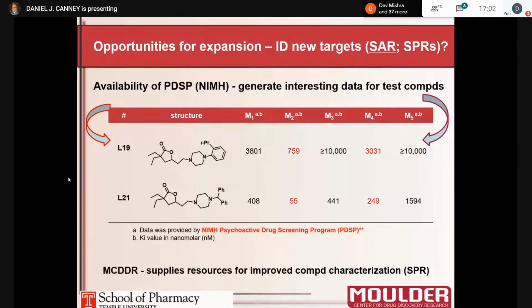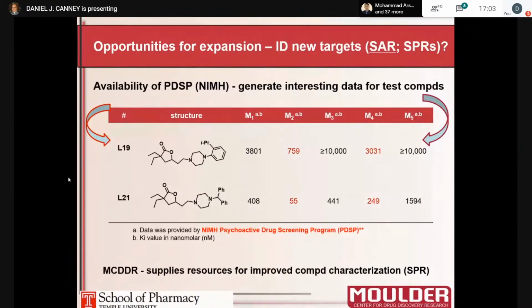So we started getting this data, and here's some of it. So before, I told you we were getting this, paying for data from CEREP, and it was actually quite costly. So that data that I just showed about the subtype selectivity was actually quite expensive to obtain. This data was being supplied free of charge by the psychoactive drug screening program.